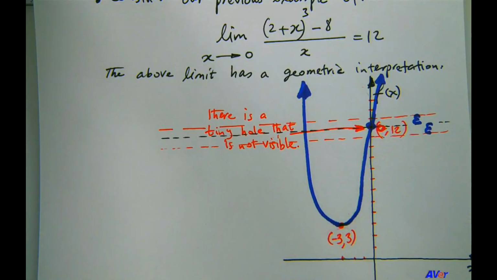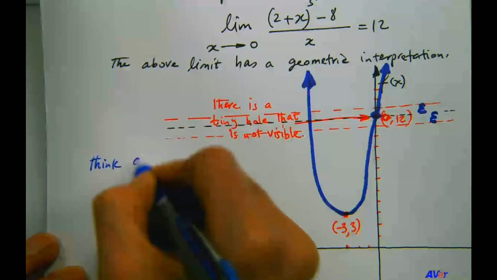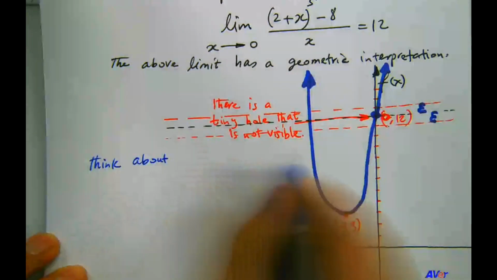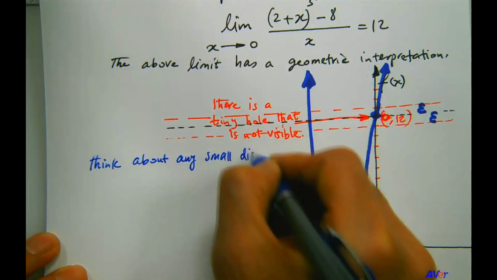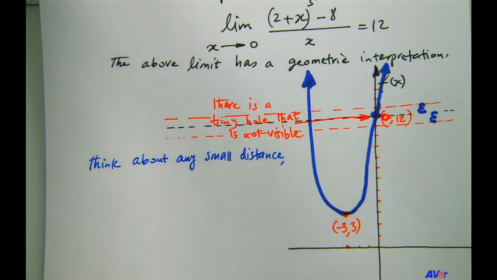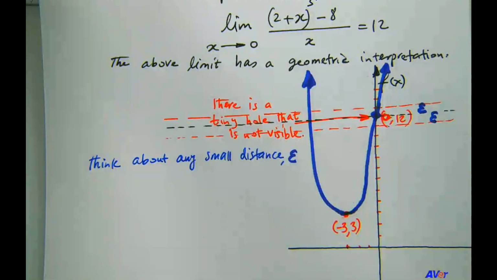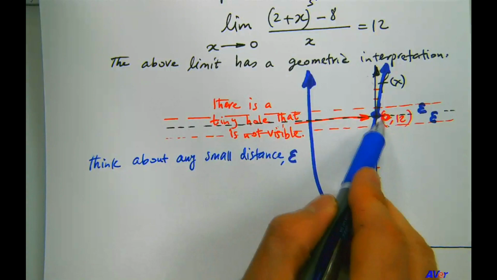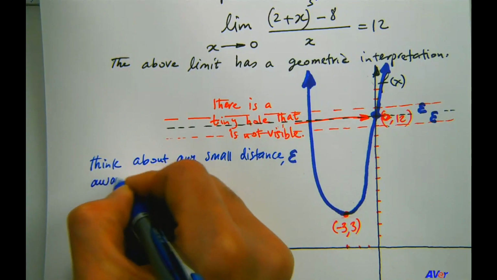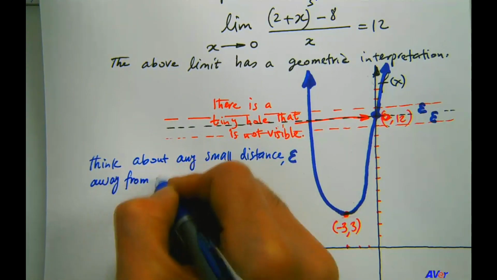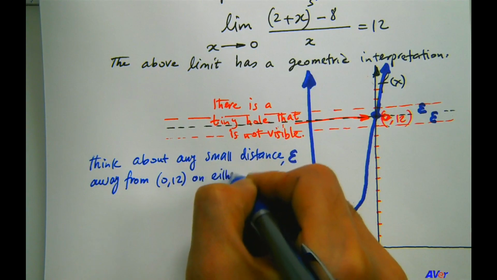So let's say, think about any small distance epsilon away from that point, (0, 12), on either side.